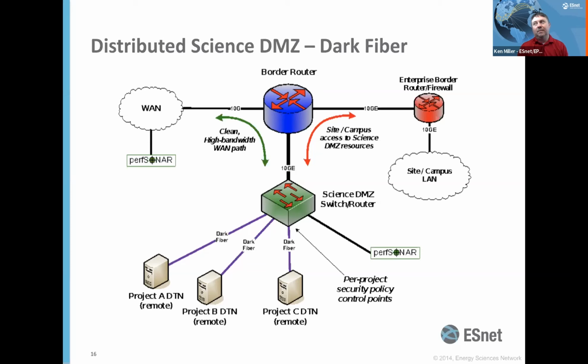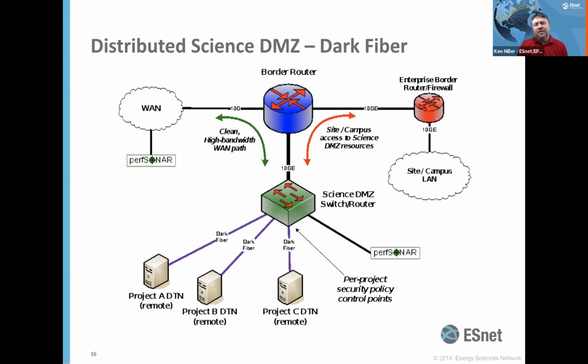And this will benefit in a number of ways, because you have a large enough switch and router to handle the wide area transfers. In addition, you can try to get the data off the remote project and the remote location where the instrument may be set up. So this allows you to take the Science DMZ and extend it into a campus perimeter without really running across any other part of the campus network, and to be able to get data to and from the instrument.